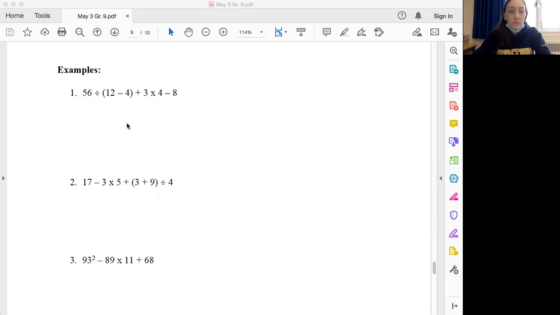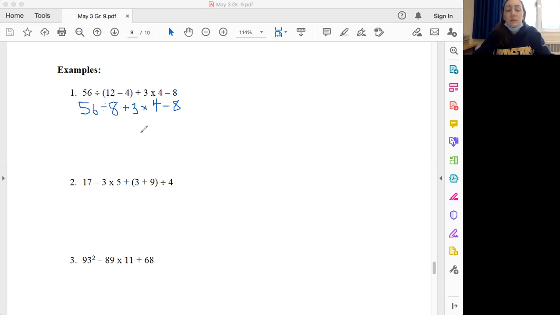So first things first, you're going to look for brackets. So here we do have a bracket. Okay. So you're going to solve your brackets. You're just going to rewrite anything that's outside the brackets. So 56 divided by, and you're going to do what's inside the bracket. So 12 minus 4, which will be 8, plus 3, and you keep writing the rest. Okay. Then you're going to look for exponents. There's no exponents there, so we move on.